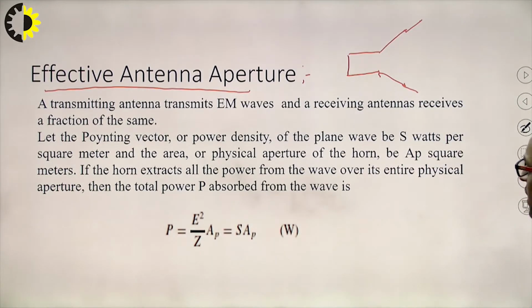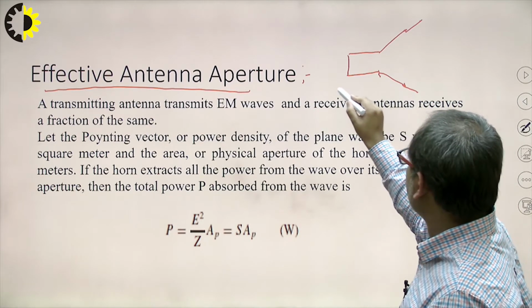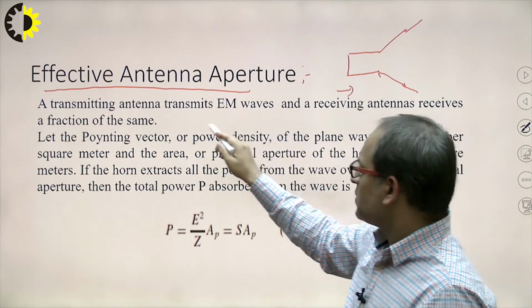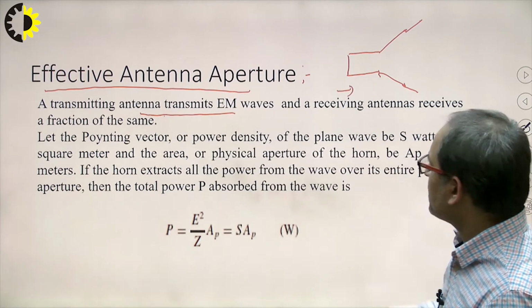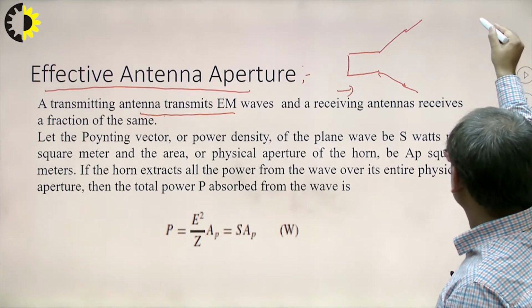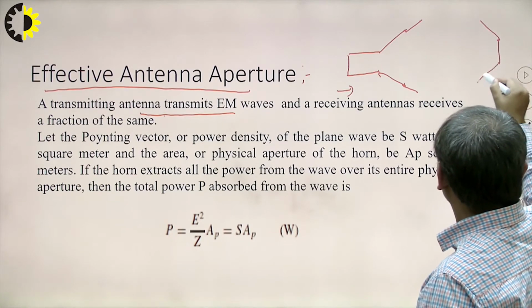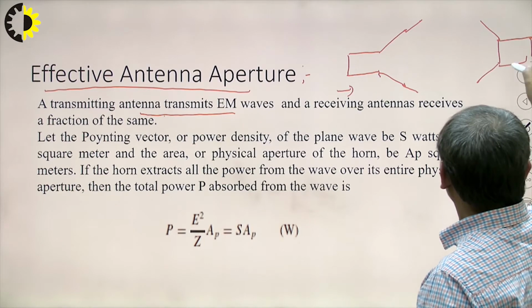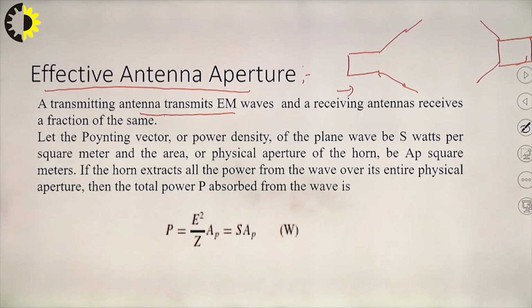Now this antenna is transmitting some EM waves, and another antenna is receiving some waves. Clear?